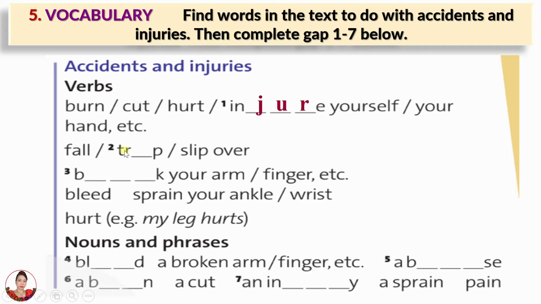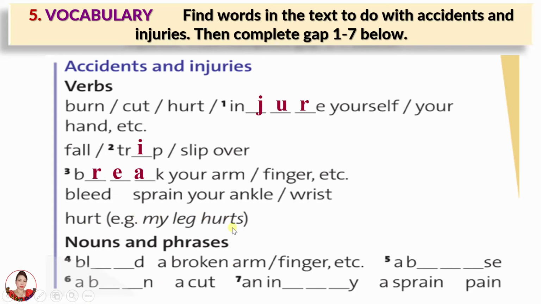For number 2, trip, slip over. Number 3, break your arm, finger, etc. Sprain your ankle or wrist, hurt. Example, my leg hurts.